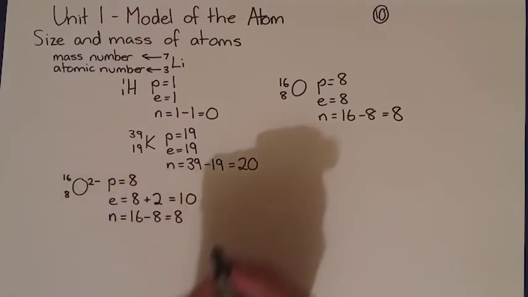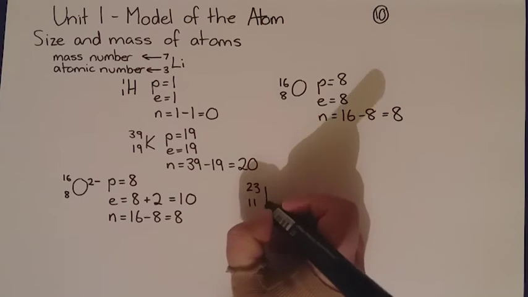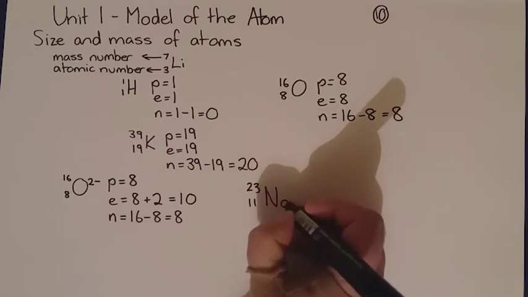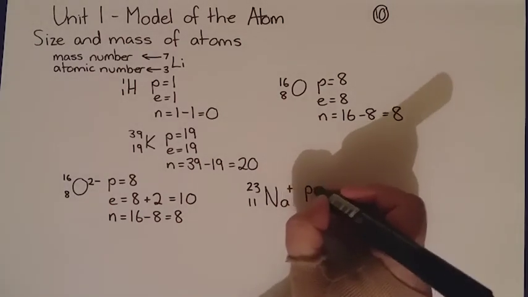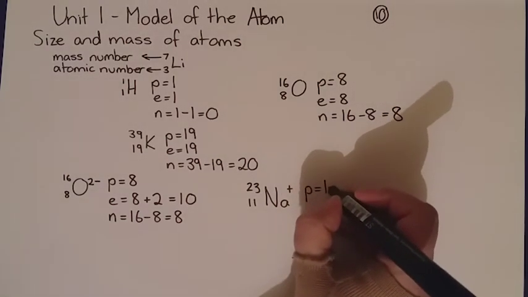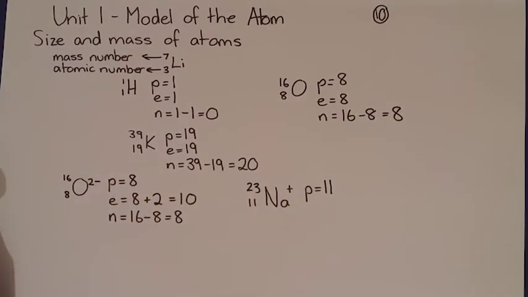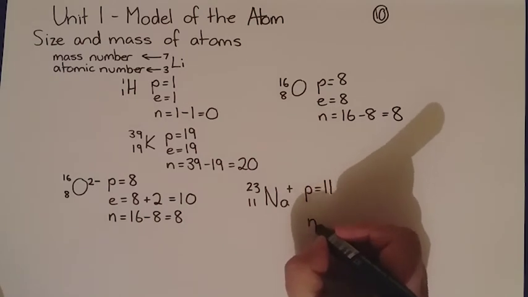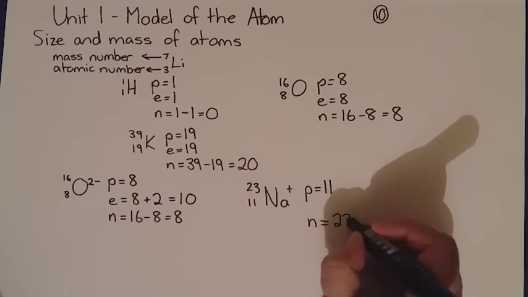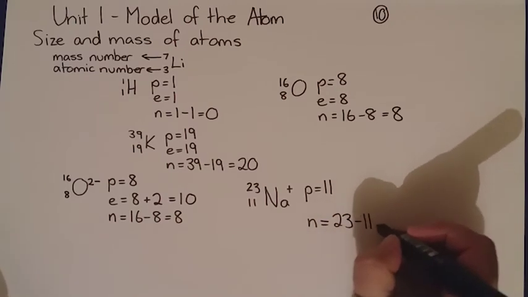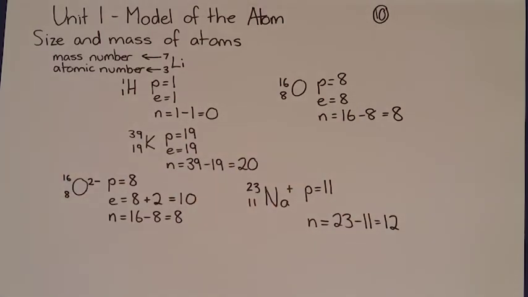If we look at a positive ion and look at sodium, again, because it's sodium, all sodiums, whether they're atoms or ions, have 11 protons. In this particular case, because the mass number is 23, that means that sodium has 12 neutrons.